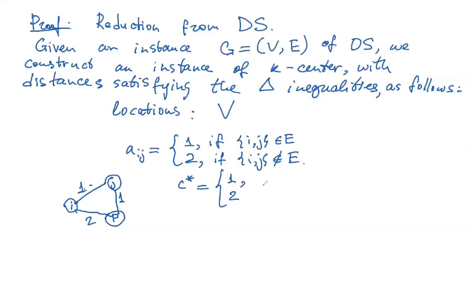So the optimal objective will be equal to 1 if there exists a dominating set D with the size no more than K in G. But if none exists, then you cannot pick a set of K centers that will ensure that every other vertex has a distance no more than 1 to the closest center.